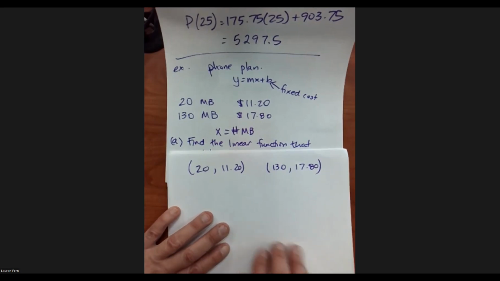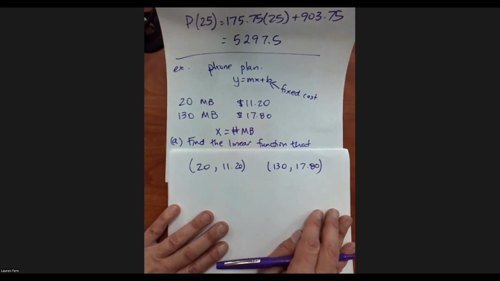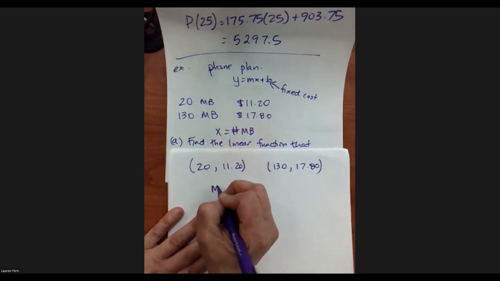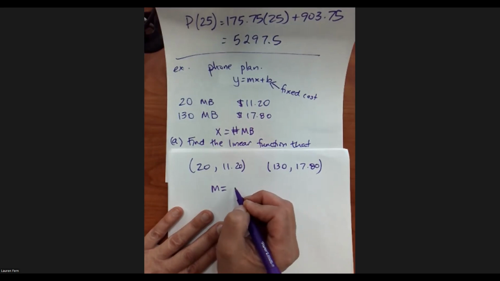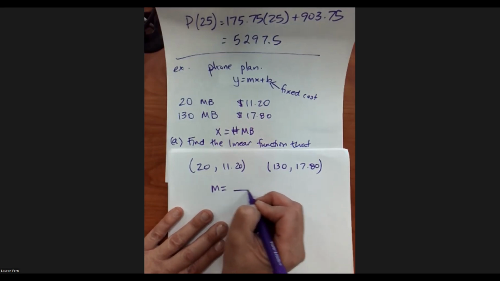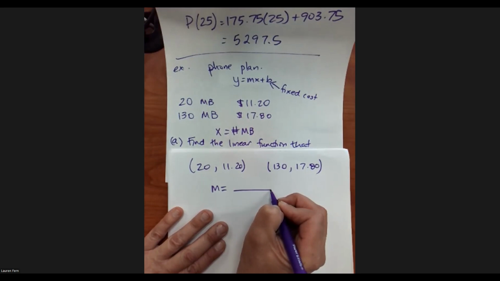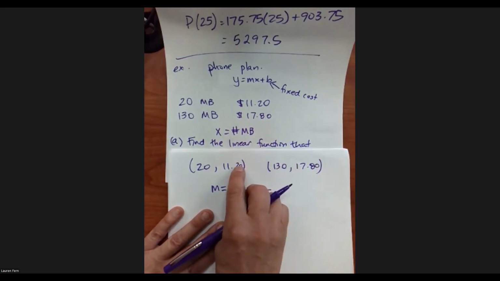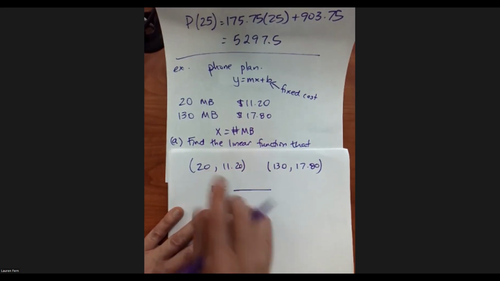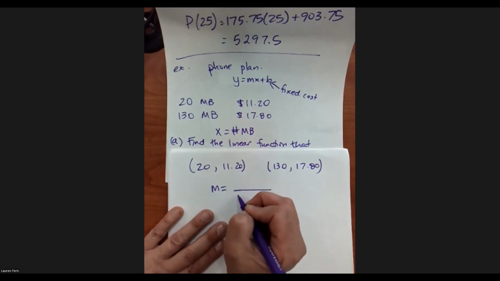All right. Can I find the slope of this line? And how would I do it? It's the change in Y values over the change in X values.